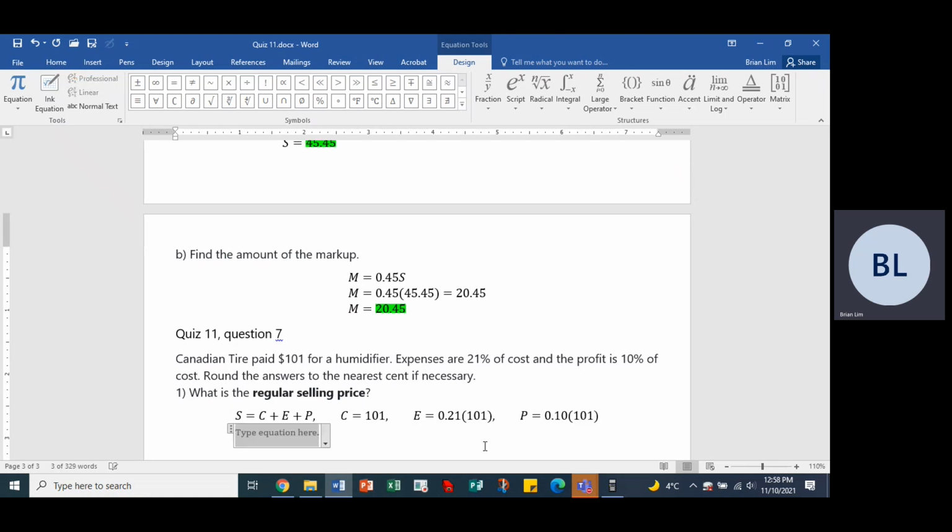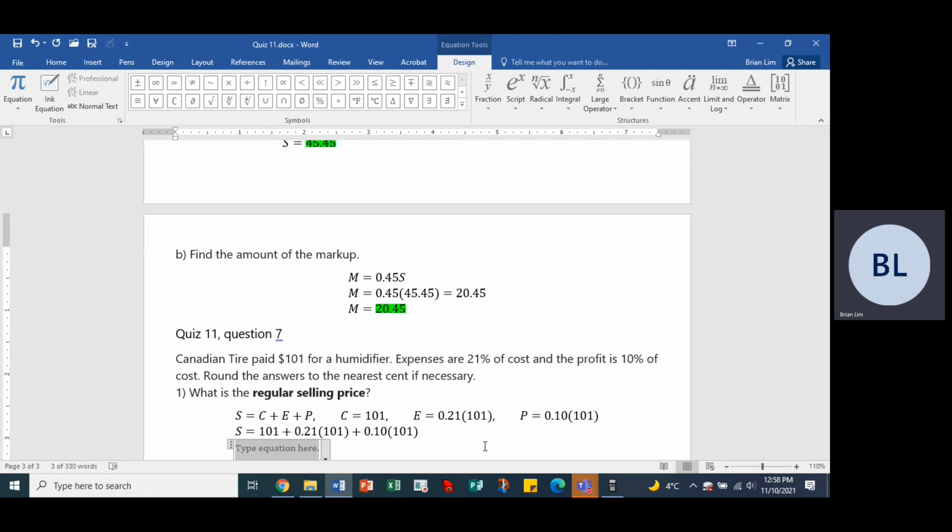So we can write S is equal to 101 plus expenses, 0.21 times 101, and the profit, 0.10 times 101.